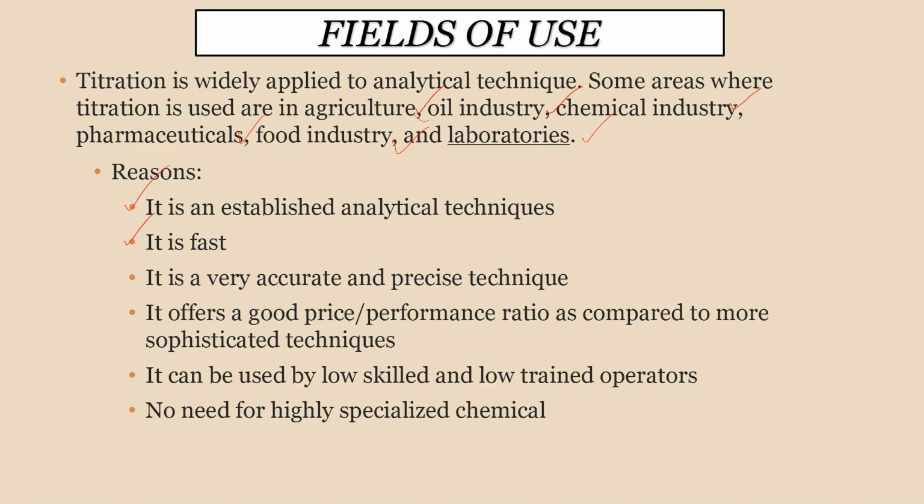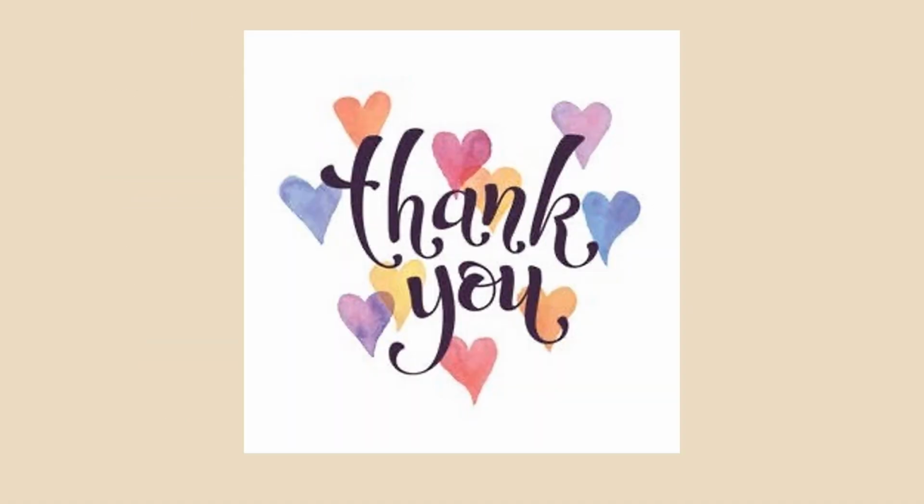It is fast, very accurate and precise, and it offers a good price-to-performance ratio compared to more sophisticated techniques. It can be used by low-skilled and low-trained operators because it is a relatively simple procedure and you don't need highly specialized chemicals. The reagents and titrants are readily available for use.